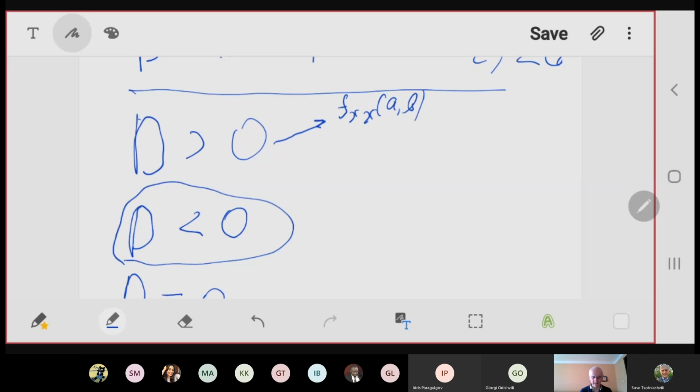If f_xx, or A by our denotations, is negative, it means we have a local maximum.